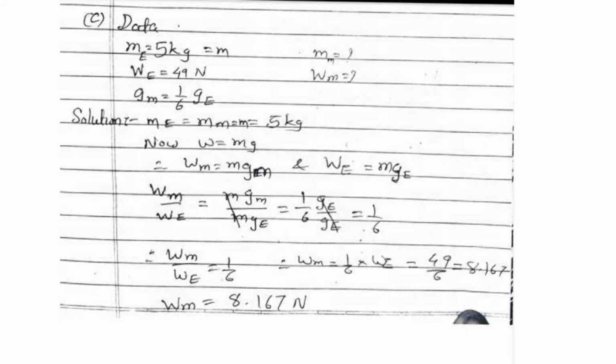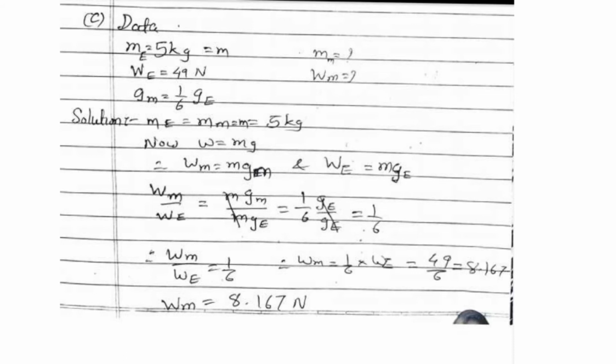But we are given the weight as 49 Newton. When they say weight, so I will write down WE is equal to 49 Newton. And what is given is that the acceleration due to gravity on the moon, small g, is equal to 1/6 of GE. And you are asked to find out the mass and the weight.